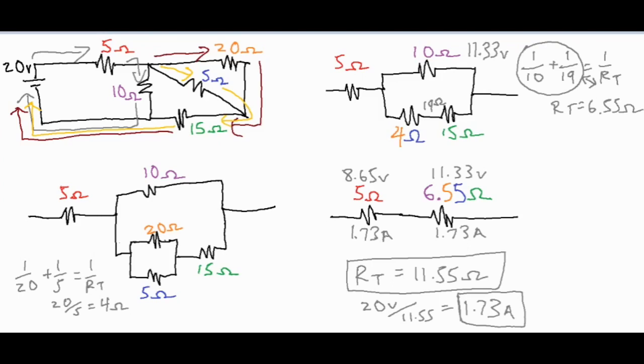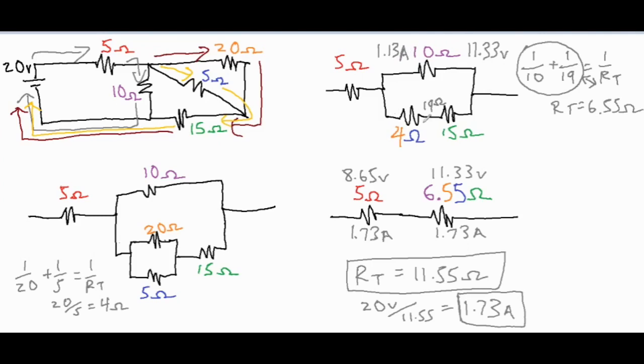So with that being said, anytime you have two out of the three variables for Ohm's law, V, I, and R, you can always get the third. So if we know the voltage is 11.33 for each branch, then V over R equals I. So that means the current up here is 1.13 amps.